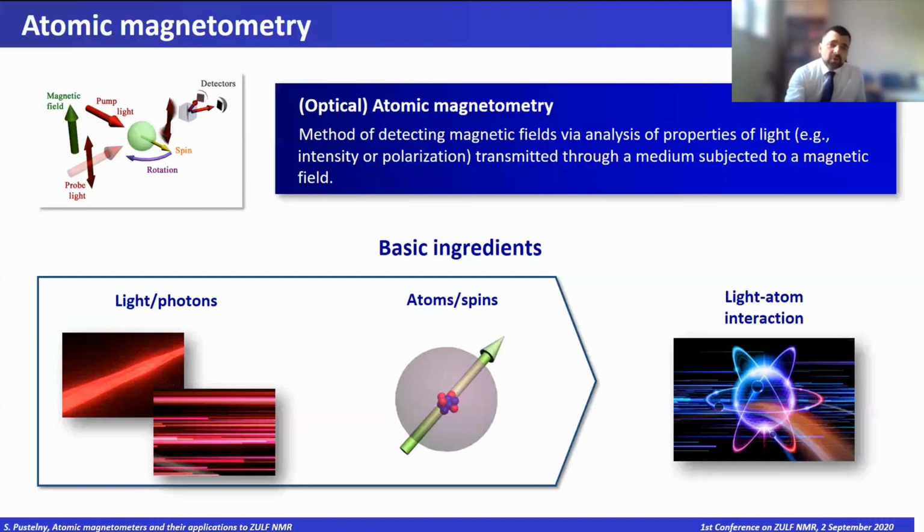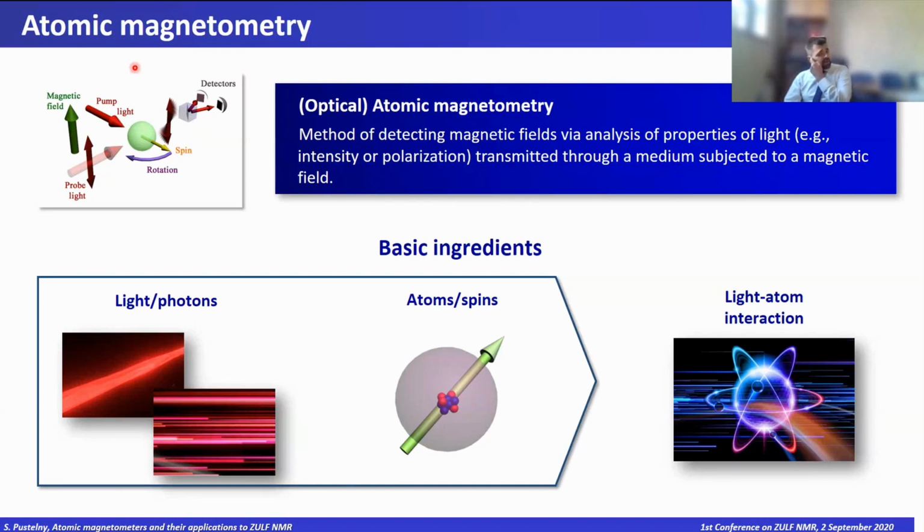So in the left corner, you see a simple example of a scheme. You have your pump laser, you have your probe laser, you have your magnetic field, you have your sensing element, you have your atoms, and then of course you have some means of detecting changes of light properties. So by investigating the change of the light intensity or the change of the polarization as a function of the magnetic field, you can extract the magnetic field.